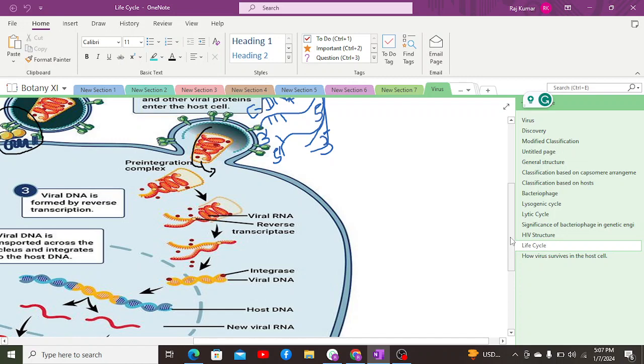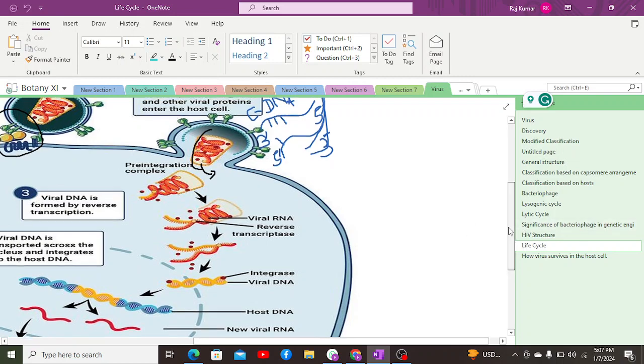So the heterogeneous immature mRNA runs away from the nucleus and directly takes part in translation for protein synthesis, so that it cannot be degraded by the RNase enzyme.